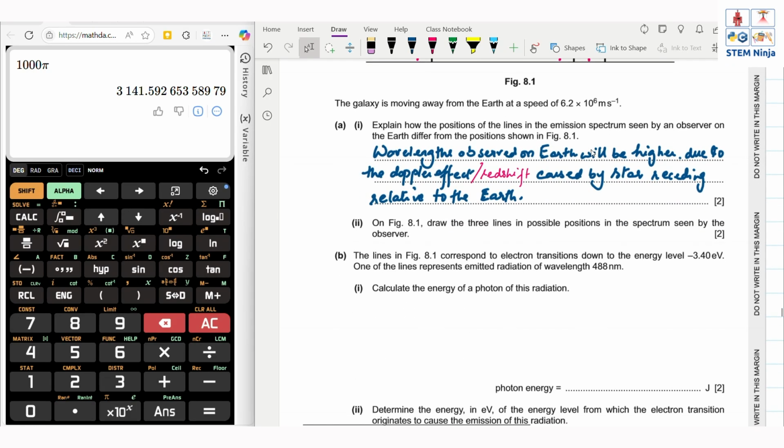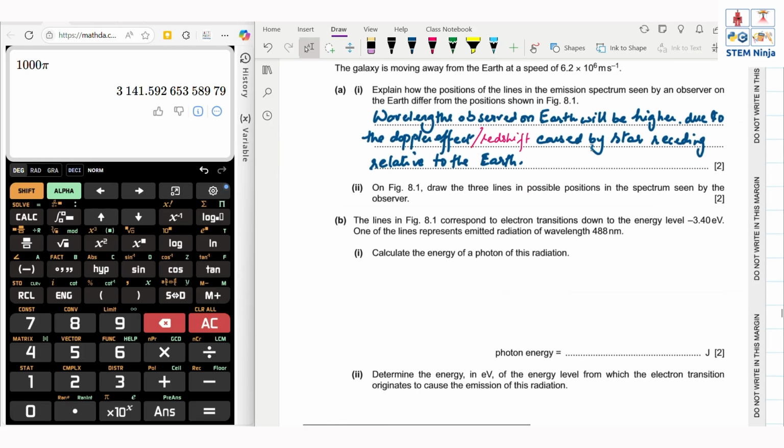The lines in 8.1 correspond to electron transitions down to the energy level minus 3.40 electron volts. One of the lines represents the emitted radiation of the wavelength 488 nanometer. Calculate the energy of the photon of this radiation.